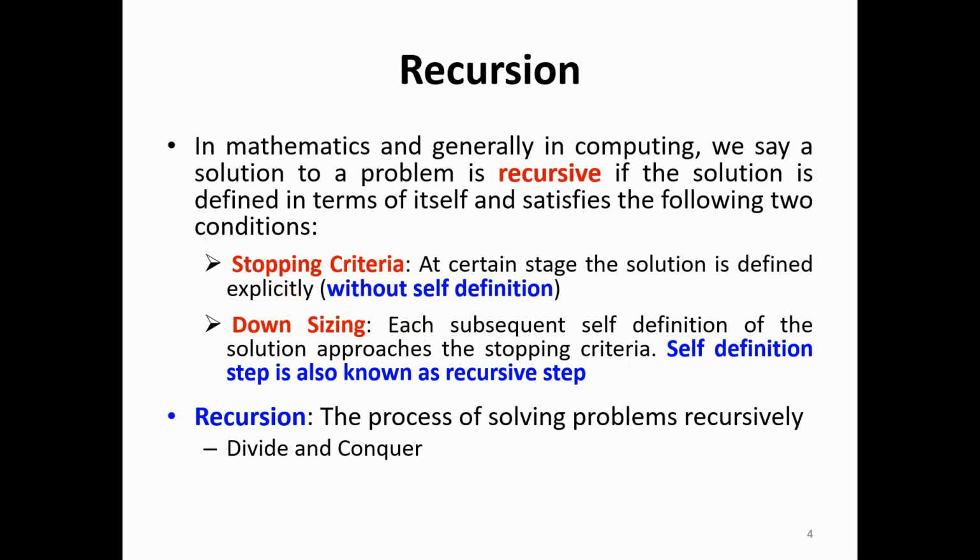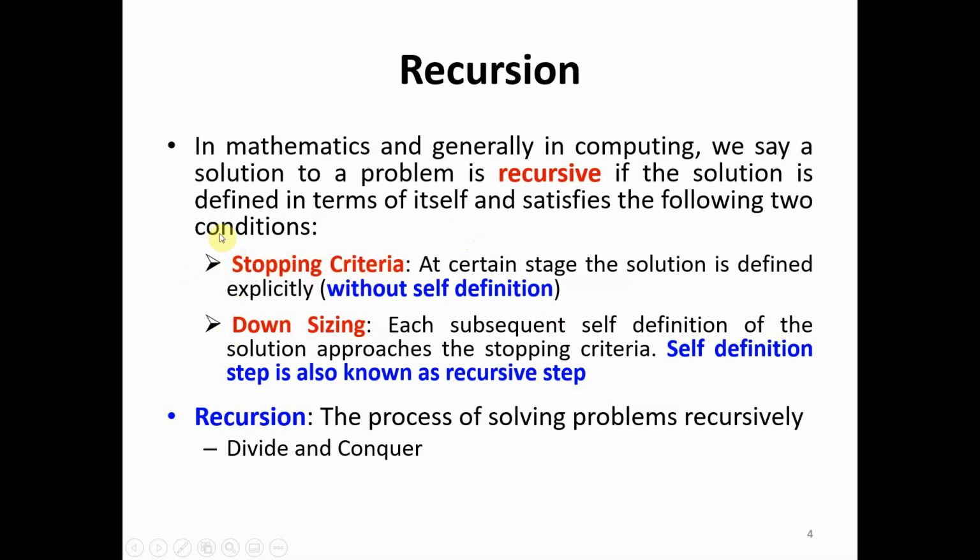So basically, we have a huge problem to solve, and we try to downsize the problem and make it smaller and smaller until we get to a point that we know the solution explicitly, and that point is called the stopping criteria.